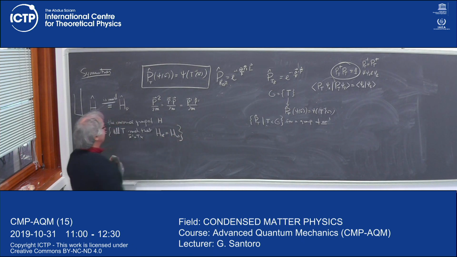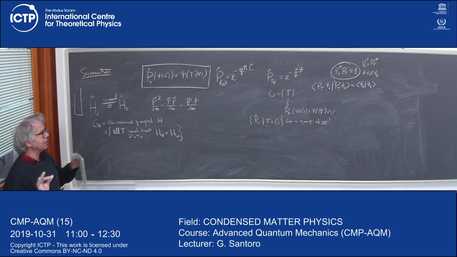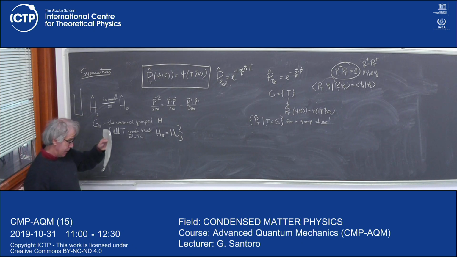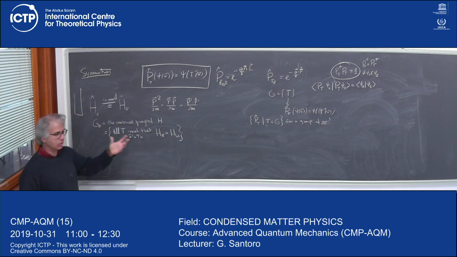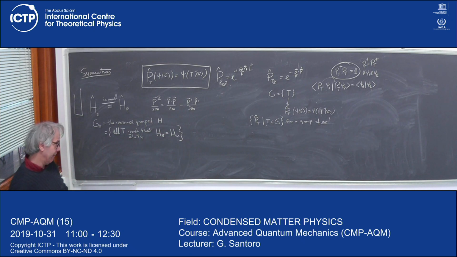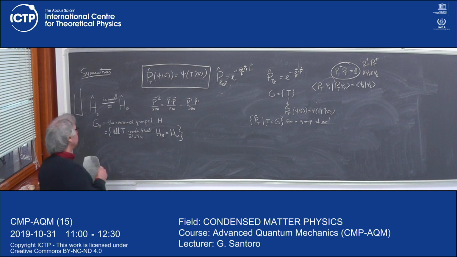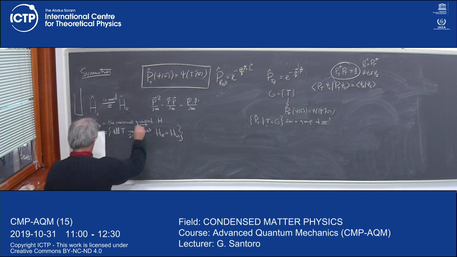Okay? Is it clear? This is the invariance group of a Hamiltonian. Okay? All space transformations that do this, and you can prove that this is a group. If there is one, and then you glue two, one after the other, the combined effect is also an invariant transformation, right? Okay, so again, a group.